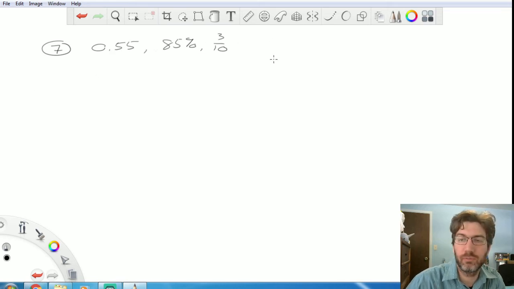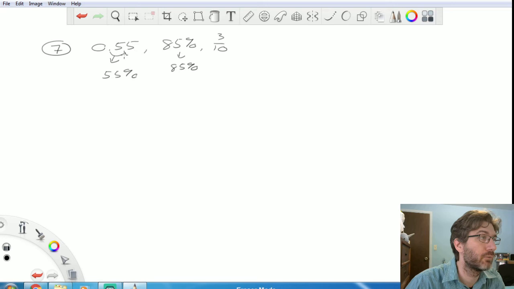You're more than welcome to write them as fractions or decimals. It doesn't matter. I'm just going to choose percent because we're practicing with percents. So here, this is 85%. I already know that. This one here as a percent is 55%, because again, you just move the decimal point 2 places, multiply it by 100, you get the percent.